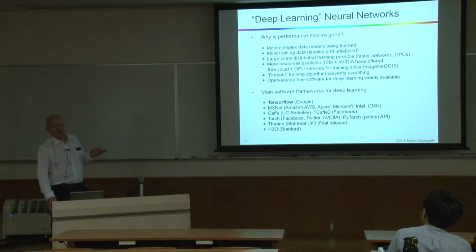You may have seen occasionally there are articles in the newspapers or online about a famous example about a toaster, where an object was presented to an object recognition network which was only slightly different from the normal image of that same object, and the output was wildly off. It said that a toaster was a gorilla or something. So that still is an issue, and it's because these more complex data models are now being learned.